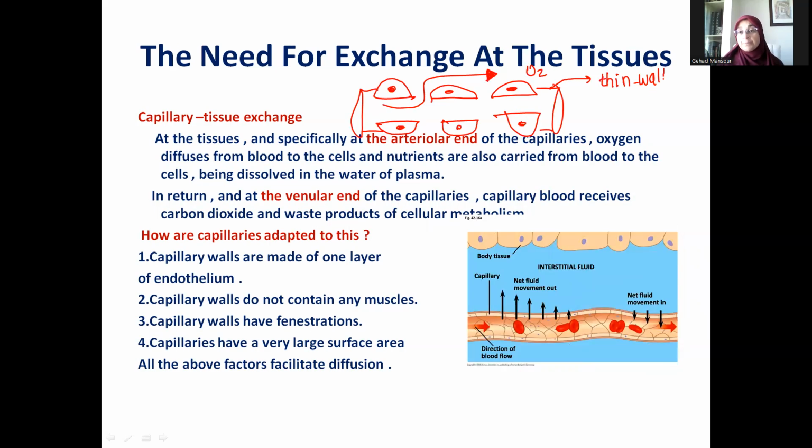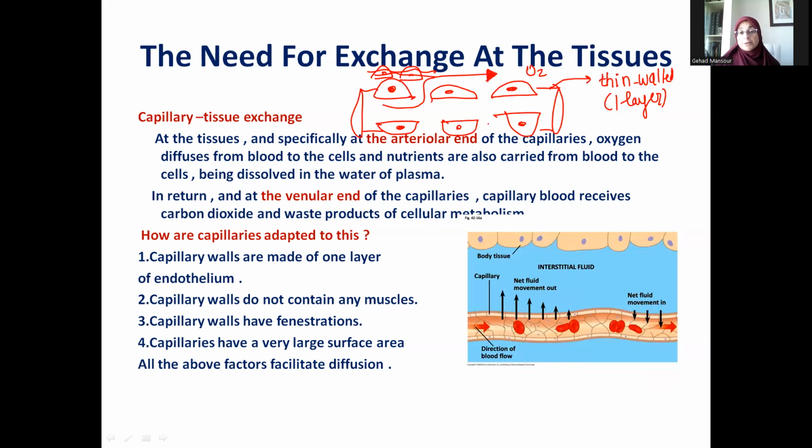Capillaries are thin-walled because they are formed of one layer of endothelial cells. Imagine if we had several layers of endothelial cells, they would crisscross each other and prevent the leakage of plasma outside. But fortunately, the blood capillaries are made of one layer of cells.